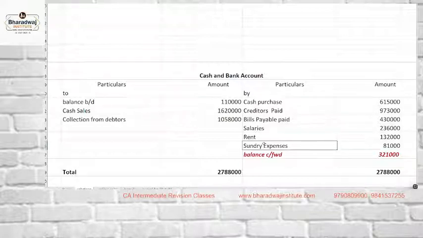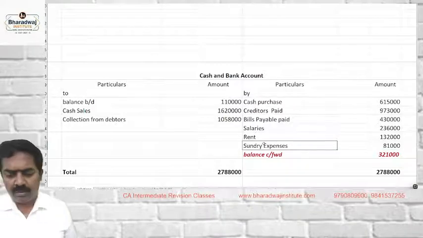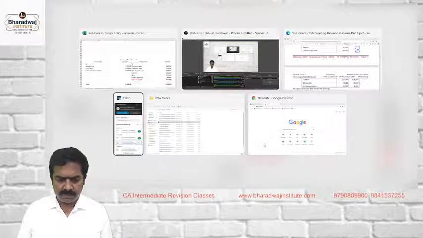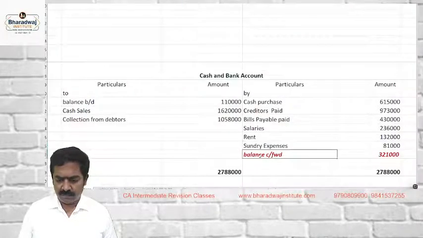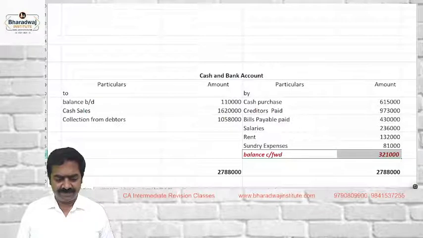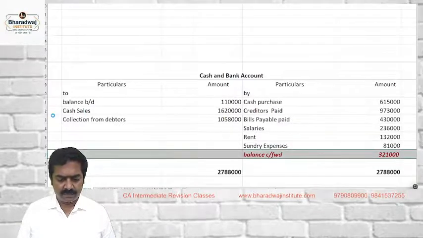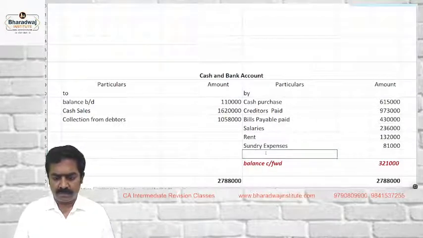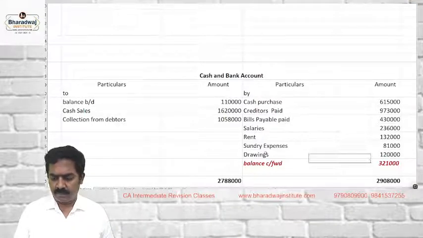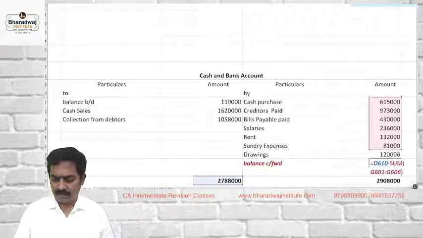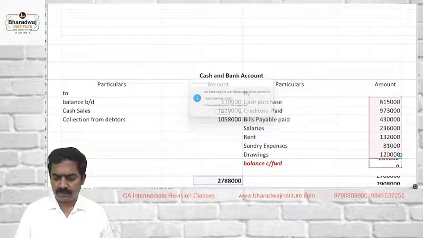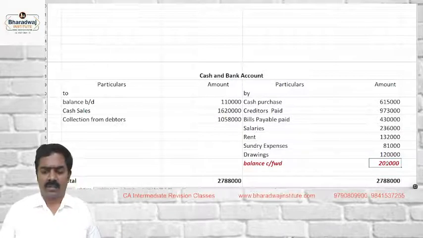Drawings? What is the drawings given? What is the balancing for? 2 lakh 1,000.